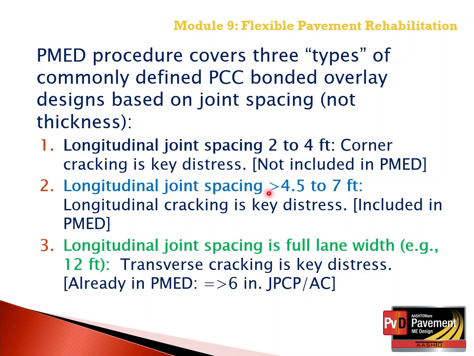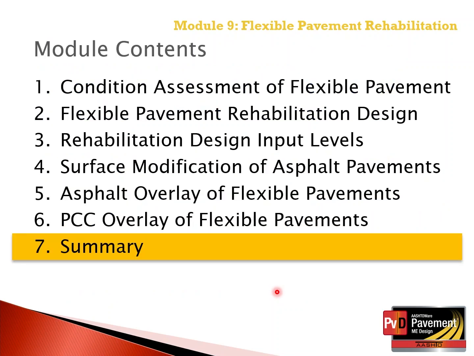The joint spacing that is about 4.5 feet to 7 feet is. And if the longitudinal spacing is at the full lane width, then that should be treated as a traditional jointed plain concrete pavement overlay of an existing flexible pavement and not short jointed concrete pavement overlay of an asphalt pavement.